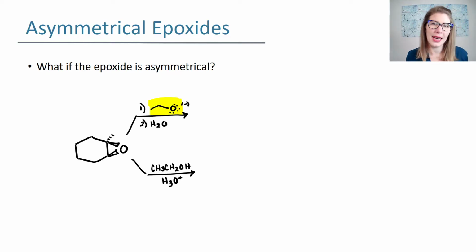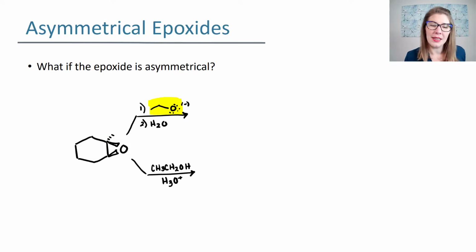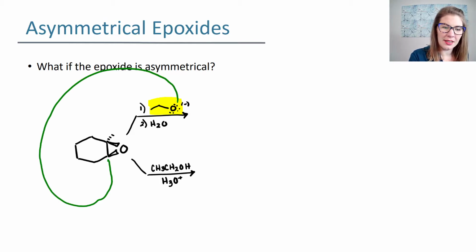where this is my base that I'm highlighting in yellow, your base has an oxygen that's negative and has a lot of electron density around it. What that means is it's difficult for the base to come in and attack this carbon. There's too much there. It's too sterically hindered. So what will happen instead is your base will come around and attack this carbon.